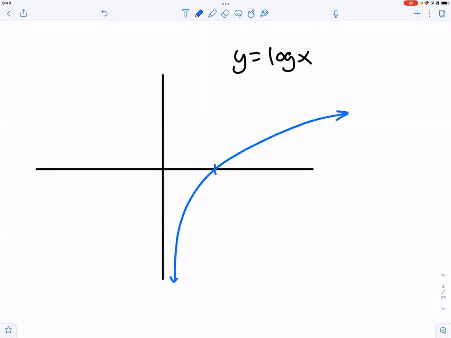With the x-intercept of (1, 0), and there is an asymptote on the y-axis. And the reason why there's an asymptote on the y-axis is because we cannot put 0 into the x value. There should not be any negative number for the x value. And the reason why we cannot have those numbers is because in this case it's log base 10.